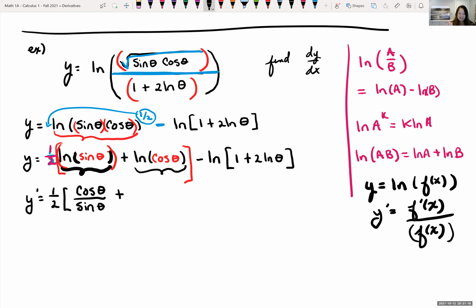So derivative of the inside, derivative of cosine theta, that's negative sine theta, all over the original, which is cosine theta. So that was the derivative of the first grouping. Now looking at minus, the derivative of the second grouping.